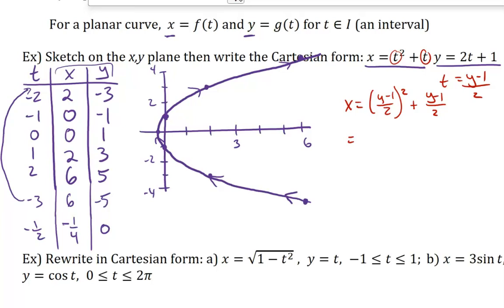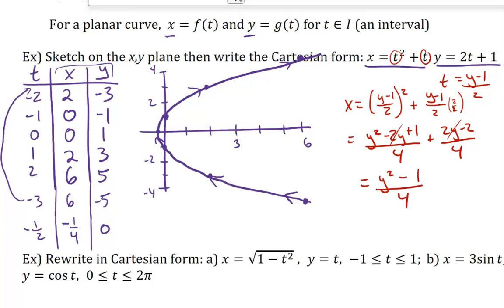Expanding this, y squared minus 2y plus 1 over 4 plus, with a common denominator, multiplying by 2 over 2, 2y minus 2 over 4, which gives me y squared over 4, negative 2y plus 2y cancel, 1 plus negative 2, so minus 1, all over 4.